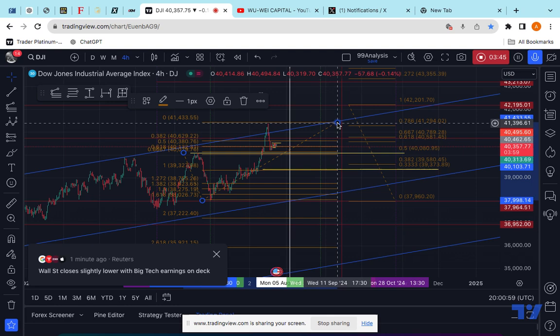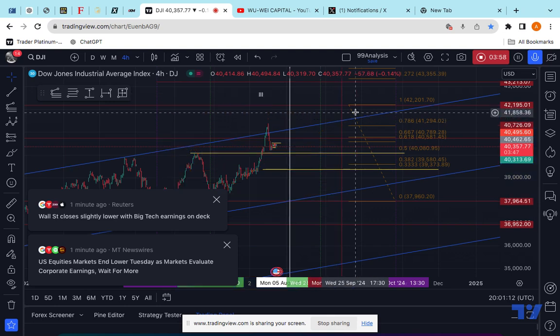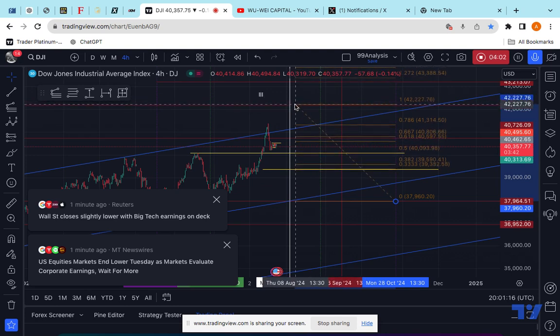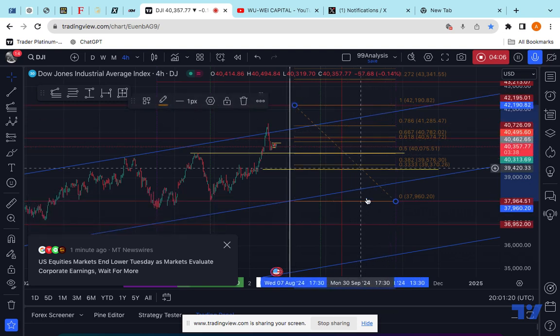So we can see we are very certain price may come here, or at the 0.618 level.